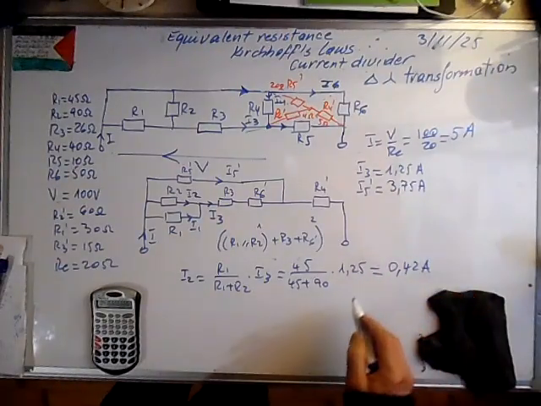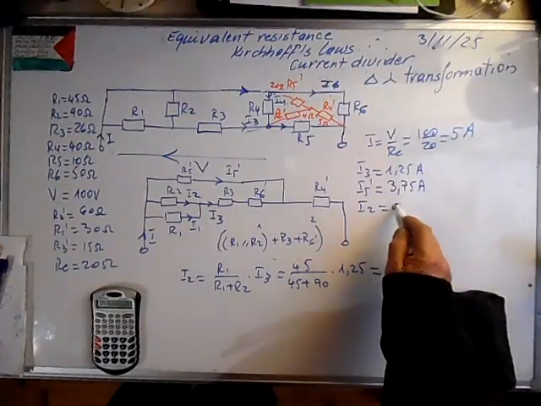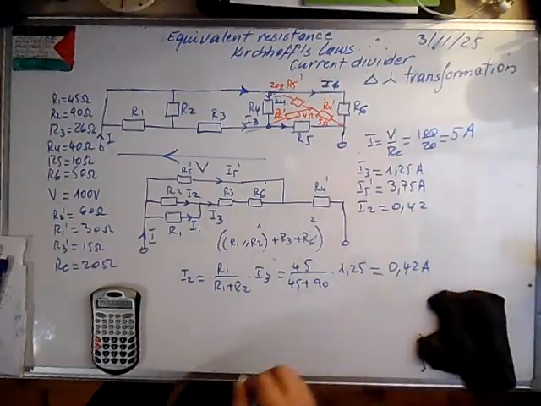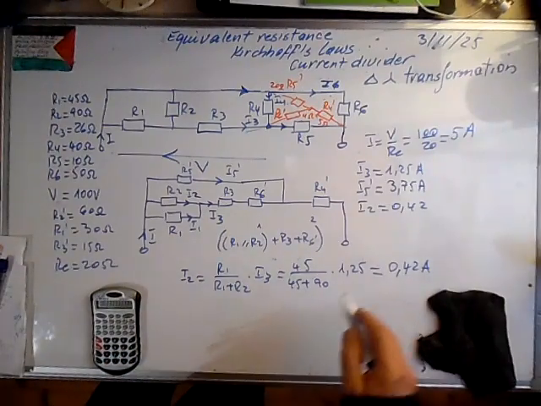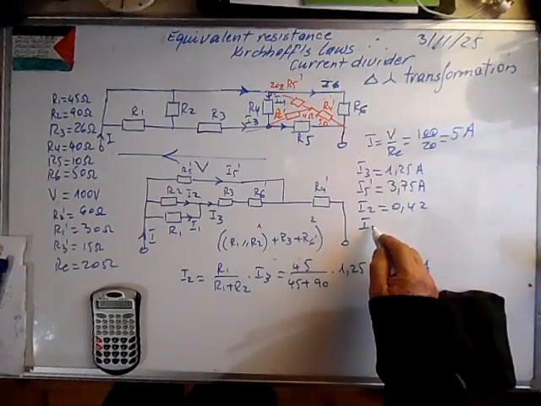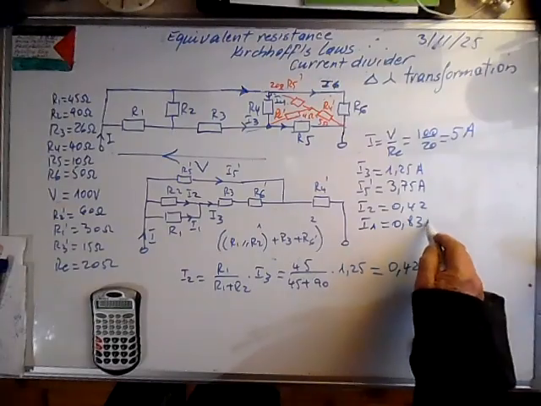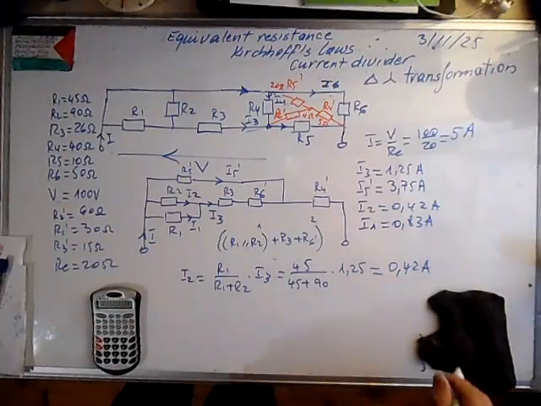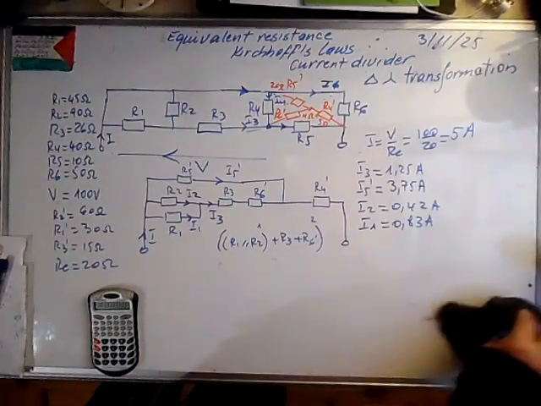So it means that I2 is 0.42, and we have to subtract from 1.25, so I1 is 0.83 amps. Okay, we calculated I1, I2, I3.